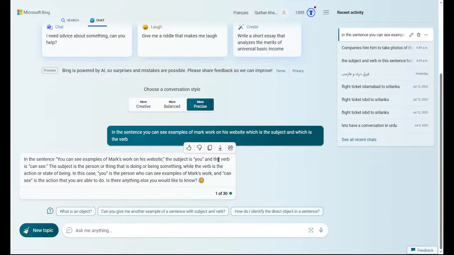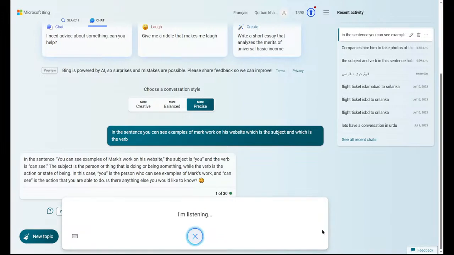The subject is you and the verb is can see. The subject is the person or thing that is doing or being something, while the verb is the action or state of being. In this case, you is the person and can see examples of Mark's work. Who can see the examples of Mark's work, and can see is the action that you're able to do. Is there anything you would like me to do?